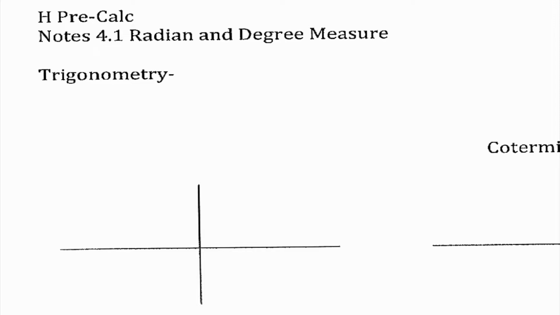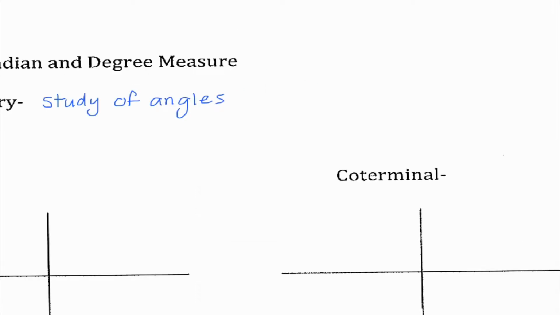So just a reminder, trigonometry is really just the study of angles. And you guys started this all the way back in geometry, and we really looked at a lot of triangles. In Algebra 2, we did more of angles that were graphed. And just a reminder of what an angle is.